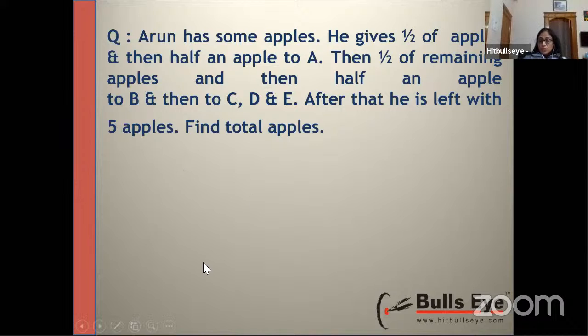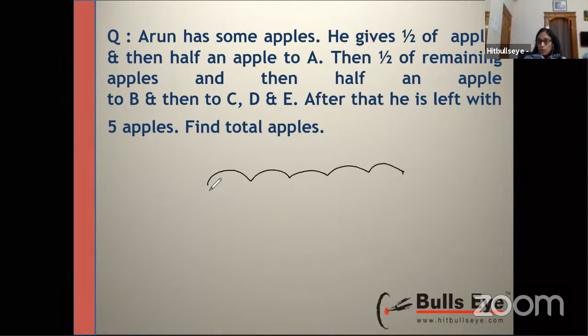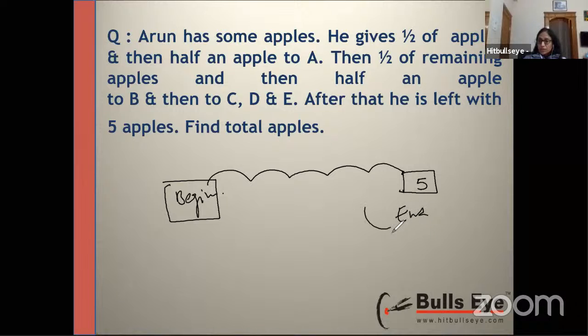Because this question is telling you that I moved ahead with some steps, and what happened in the end is known to me. That is, he's left with 5 apples in the end. What the question is asking is, how much did you begin with? So obviously, the end situation is known to me, and what I began with is unknown to me. I have to move backward. This approach is called backward approach.